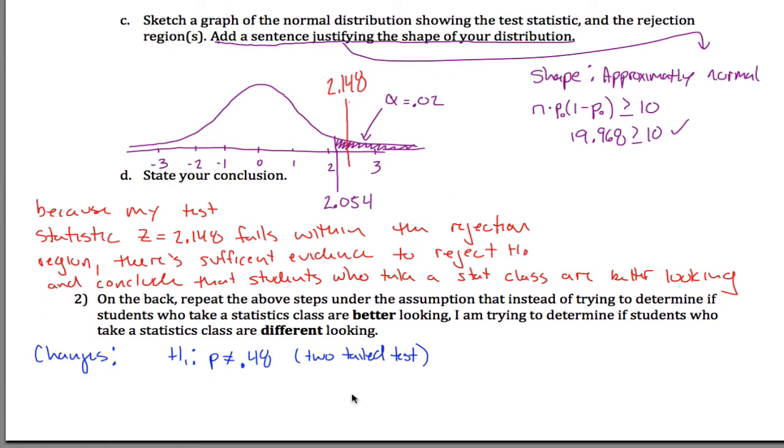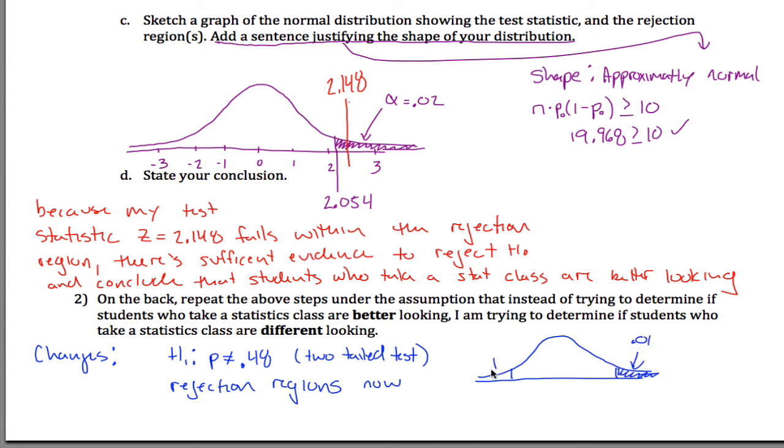My rejection region changes. There are now two rejection regions. Maybe I'll draw a picture. I need alpha to be equal to the total area of my rejection region, so if 2% is the total area, this is 1% and this is 1%.